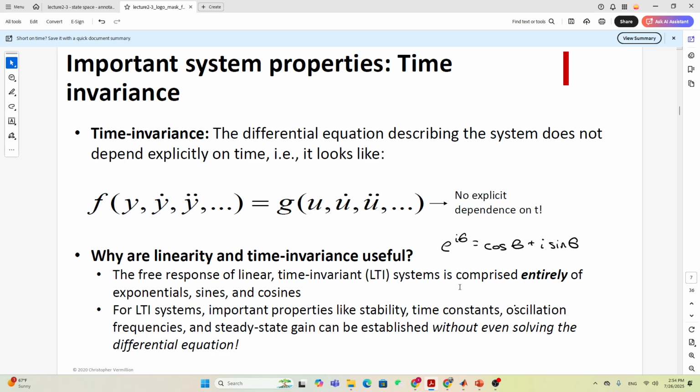Time constant can be considered how quickly the transient response dies out. And oscillation frequency is a separate topic. But those all combine together to give us the LTI system characteristics.